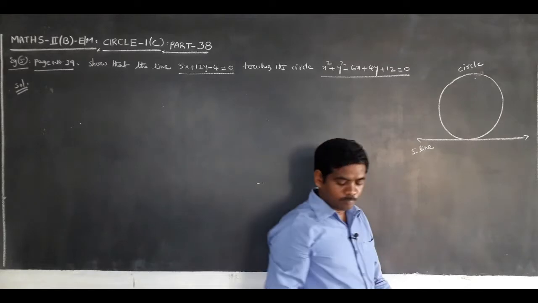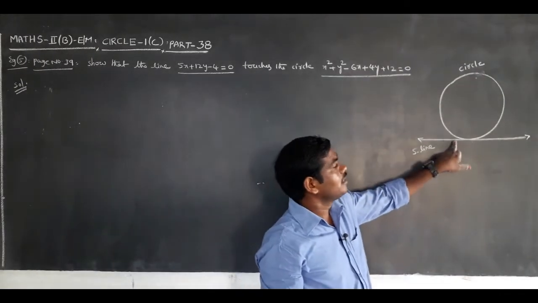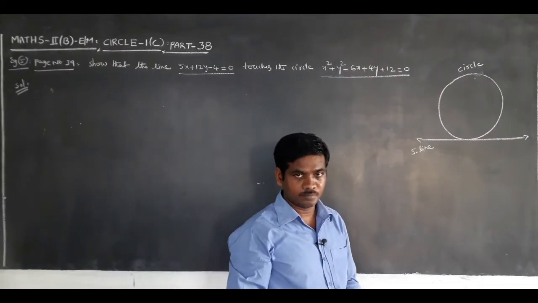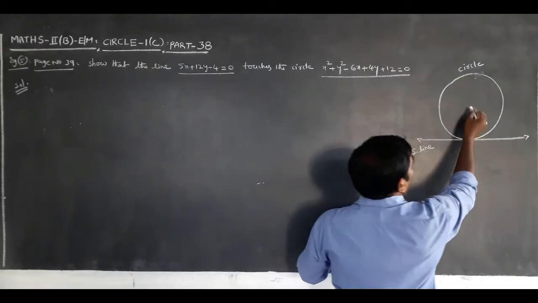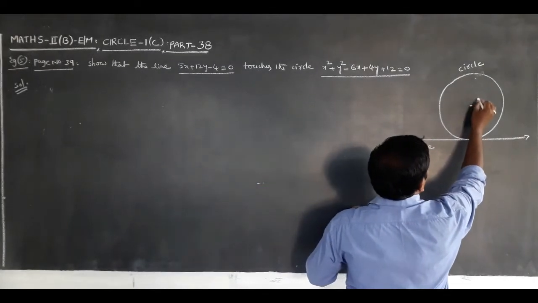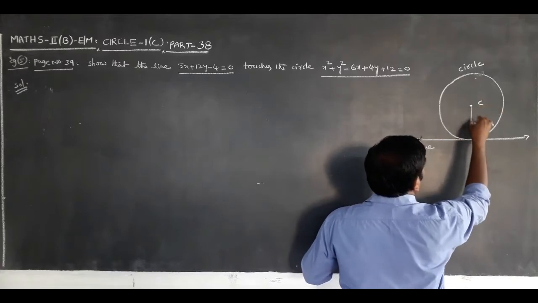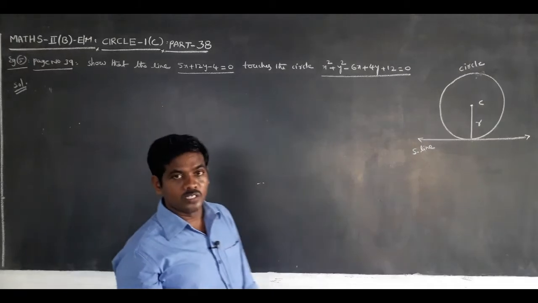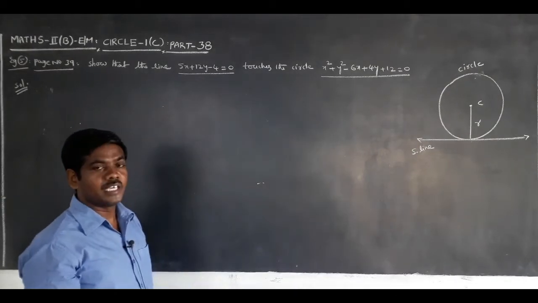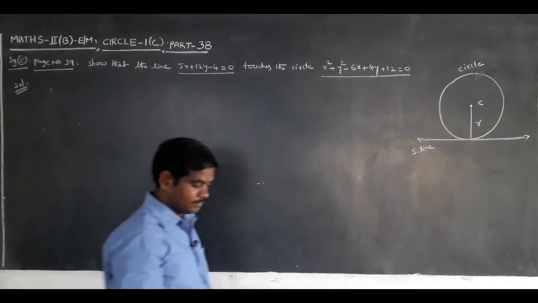Here we prove that the line touches the circle. First of all, we find the center and radius of the circle.